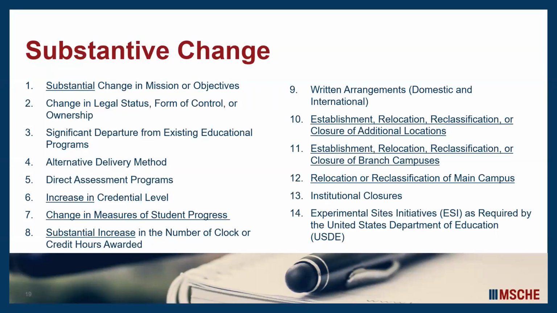Sure. Number 3 also includes a program that's considered a significant departure. And then the introduction of a graduate program, which is new to this type, is just for graduate programs. We questioned that as well.